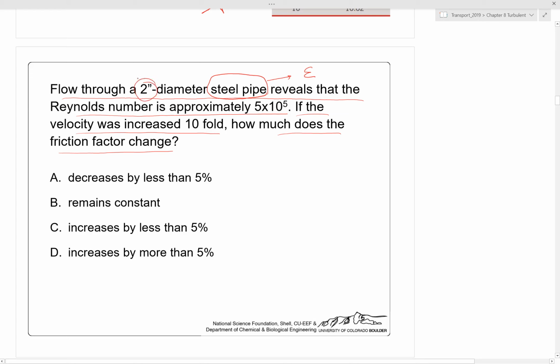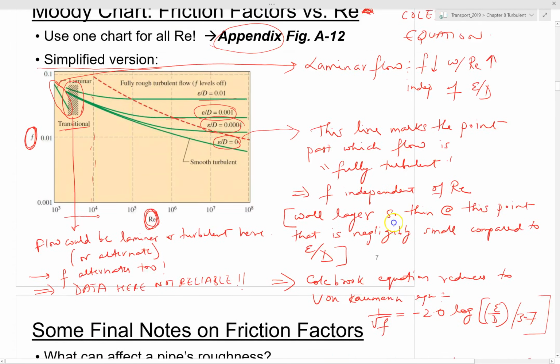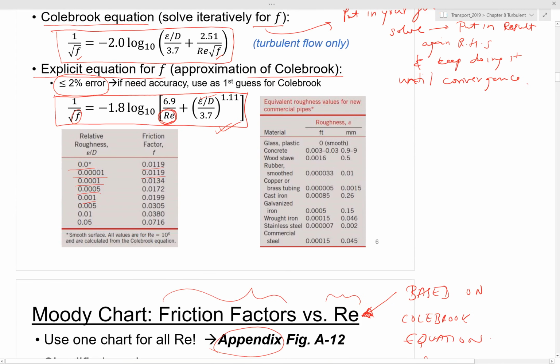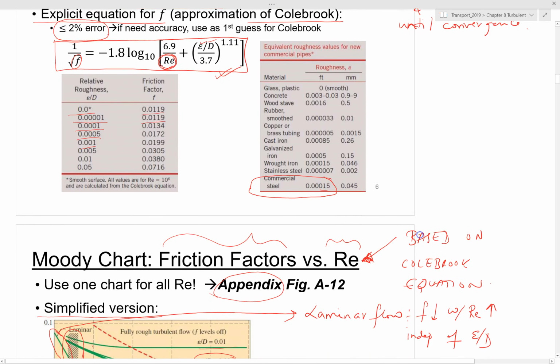So let's look at the E value on your slide: commercial steel pipe, 0.00015 feet, or 0.045 millimeters.